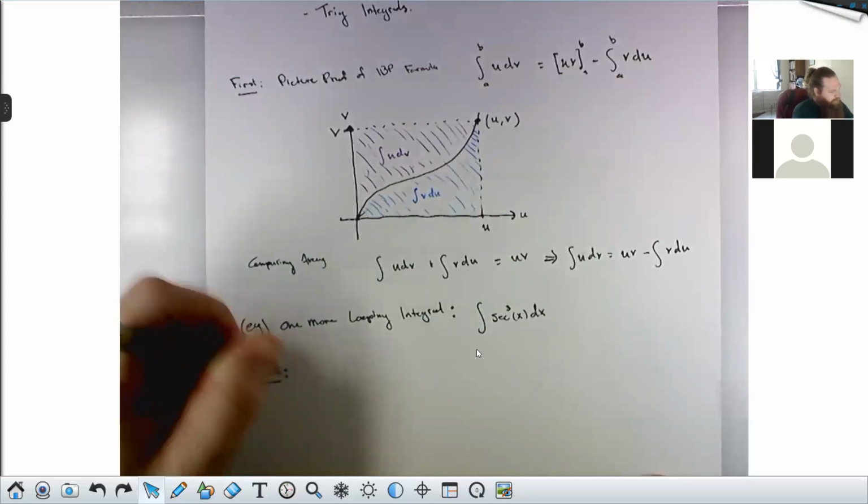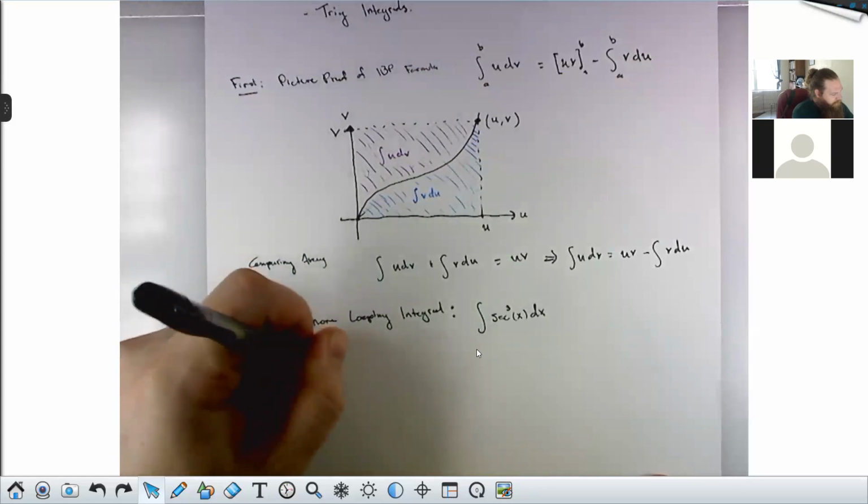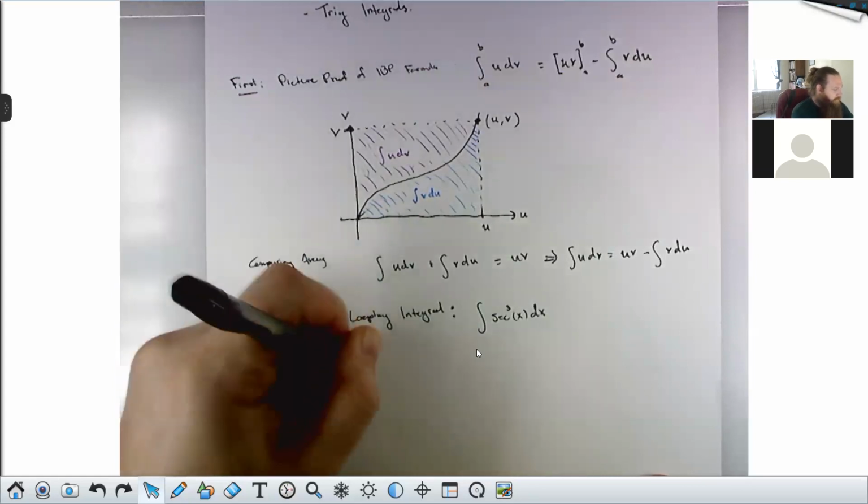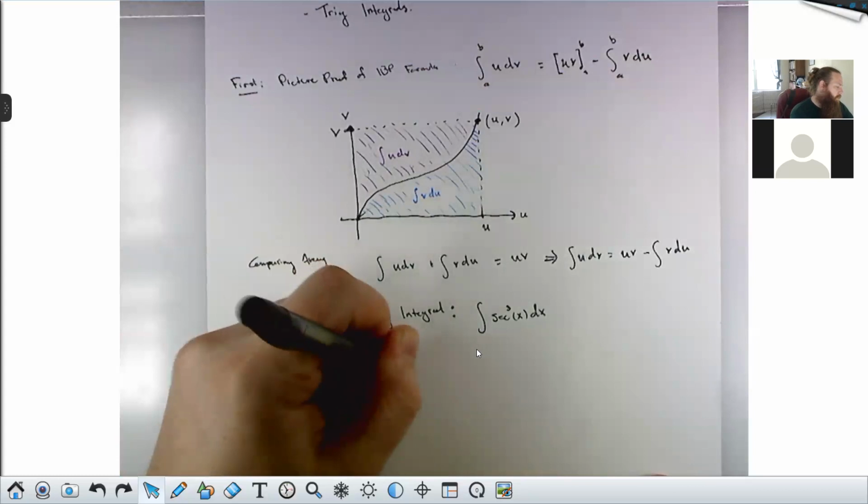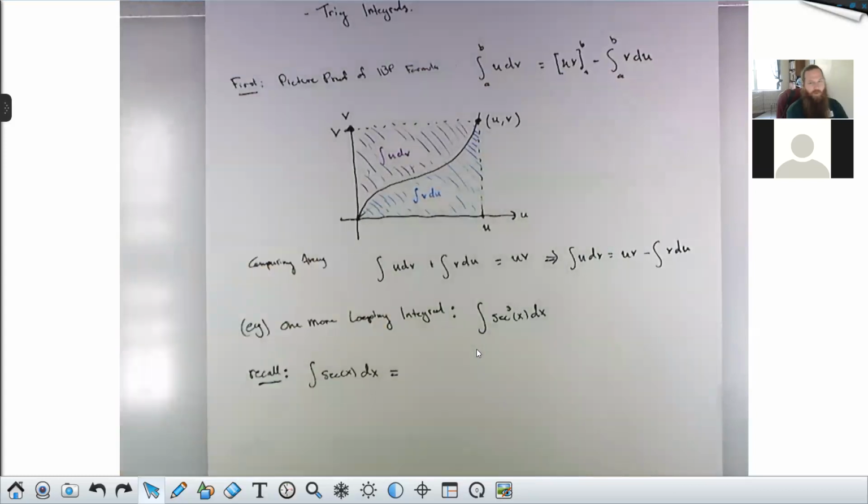One thing I am going to have to use here is the integral of secant itself. Does anybody remember the integral of secant or how this is done? Oh, yeah.